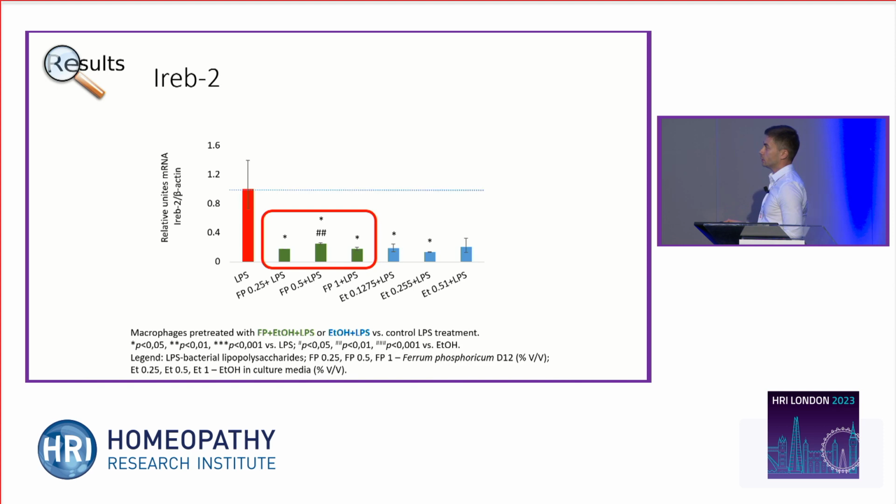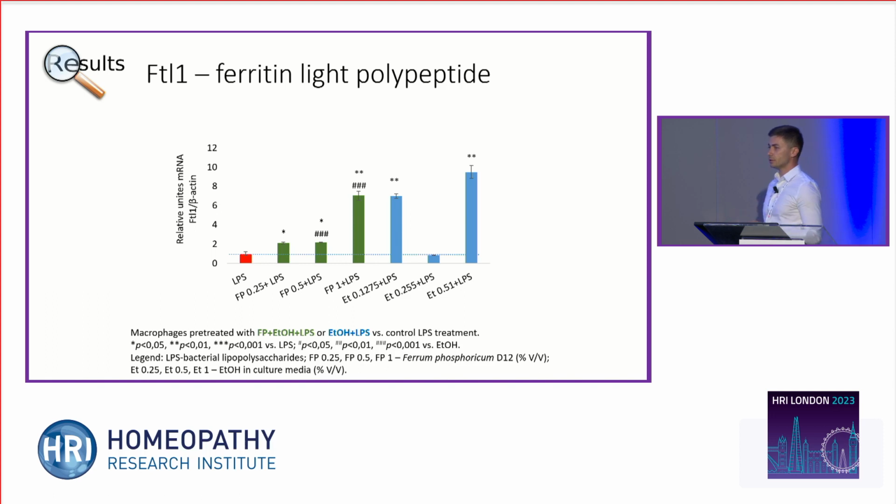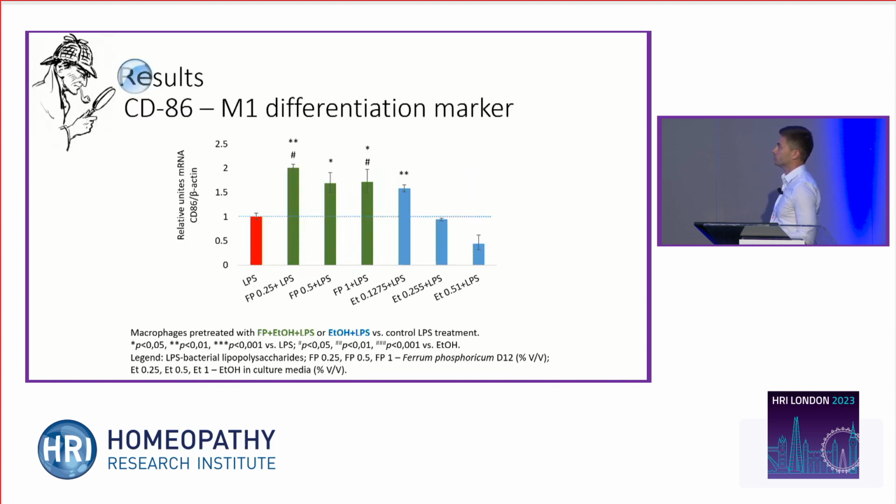Yes, the effect again was significantly different from the ethanol treatment. About the ferritin gene, especially the ferritin light subunit, we have induction of the ferritin gene expression higher than the LPS treated group, and it was also significantly different from ethanol.